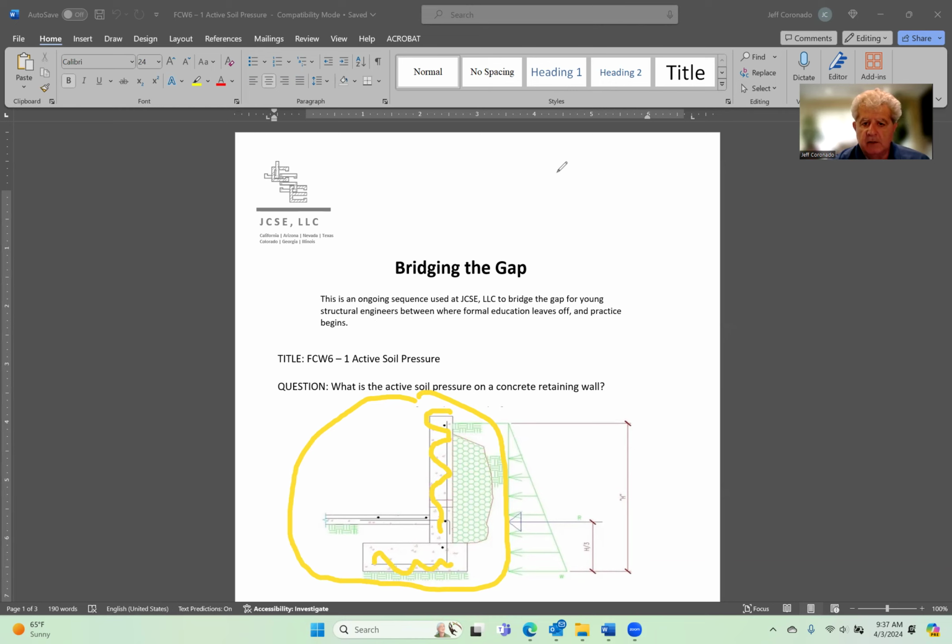Here's another color, let's use brown, seems appropriate. So here's the soil that gets retained by the retaining wall. In this case, we have a slab on the low side, a concrete slab, so maybe a walkway or something.